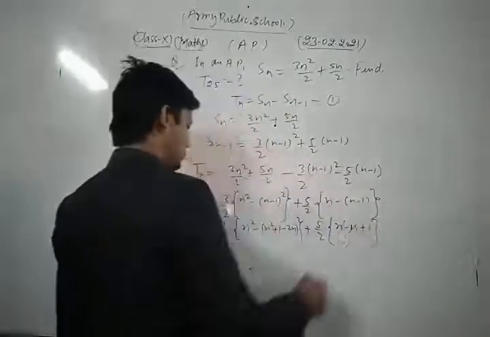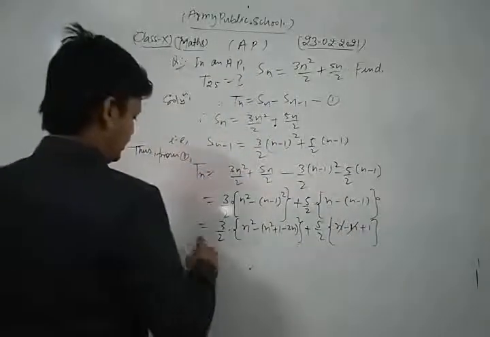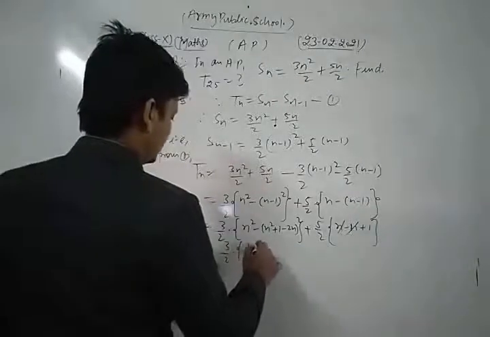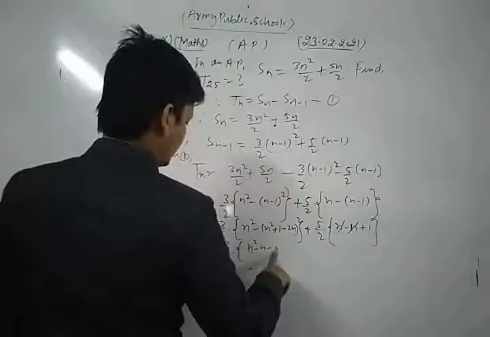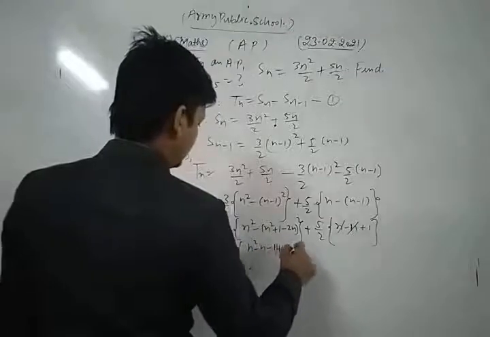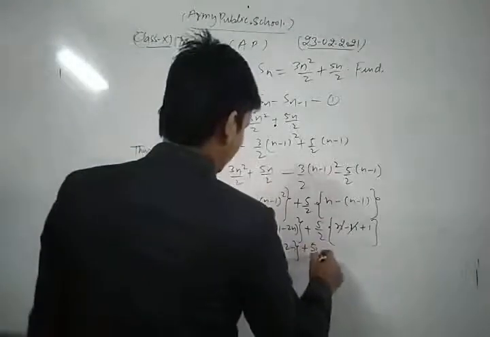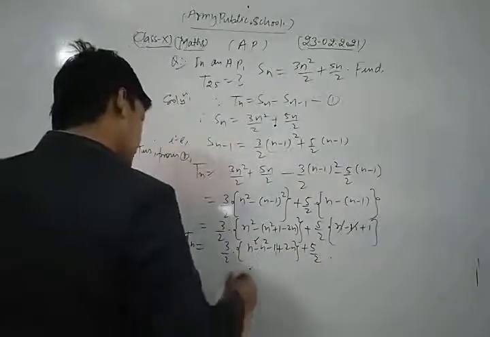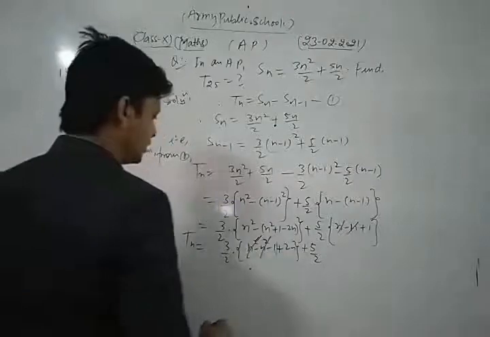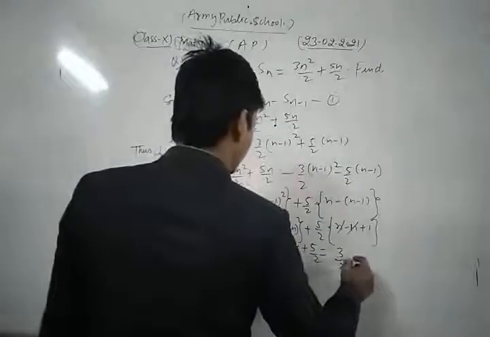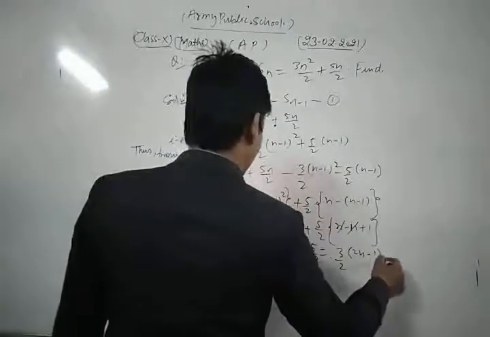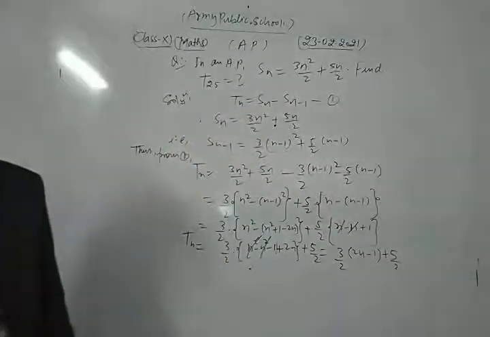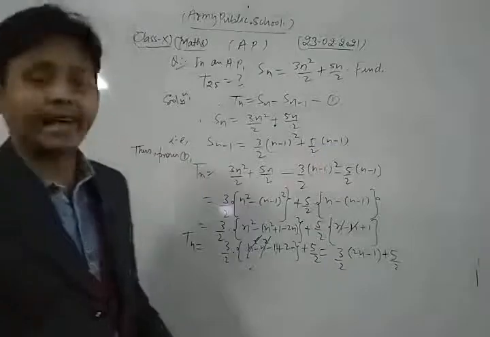Now n cancels, so Tn is equal to 3 by 2 into n square minus n square plus 2n minus 1, plus 5 by 2. The n square cancels each other, so we get 3 by 2 into (2n minus 1) plus 5 by 2. In this way, dear students, we get the value of the nth term.